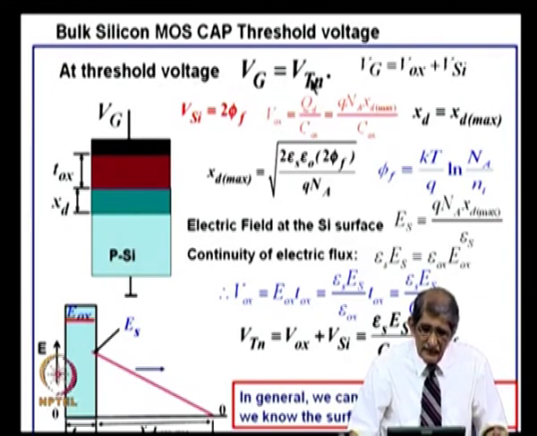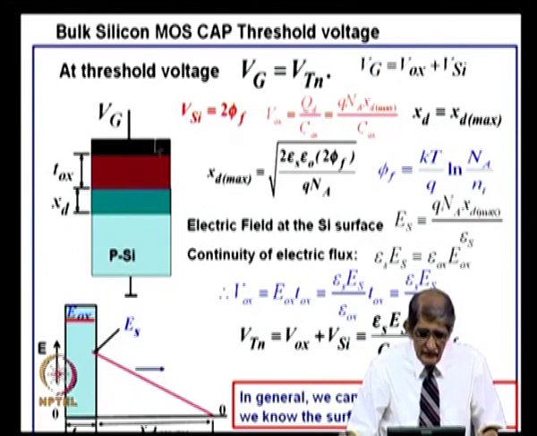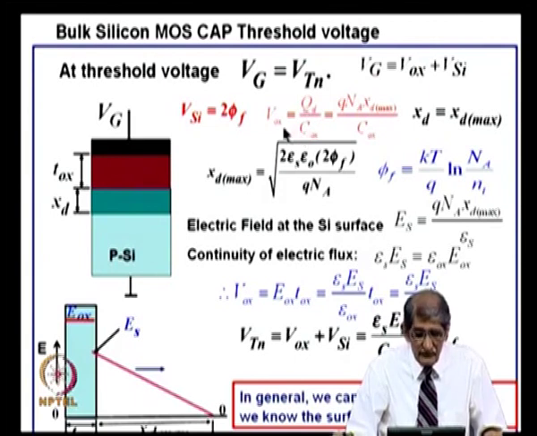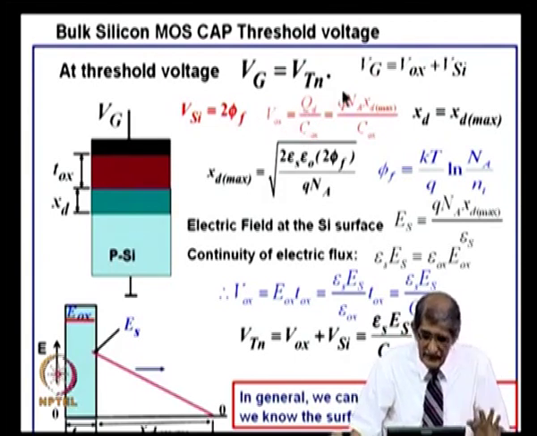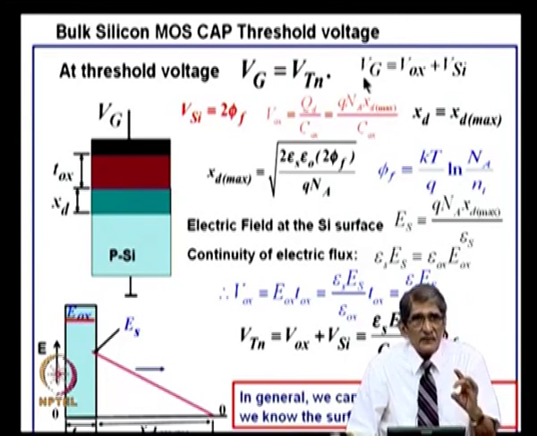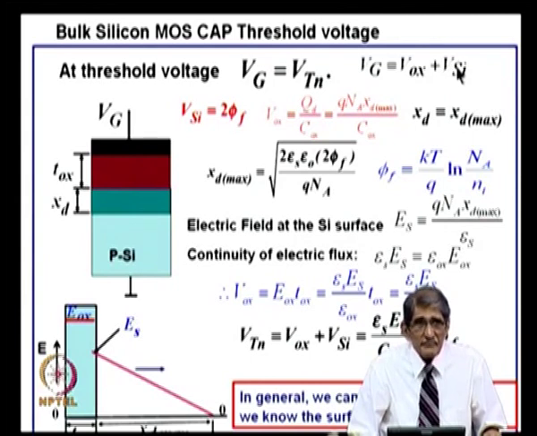At threshold voltage, V g equals V T n, and V g gets shared between the oxide and the silicon, and in silicon it is part of the depletion layer. So, to make it very clear, gate voltage is shared between the oxide and silicon, and at threshold voltage, what is the silicon drop? Twice phi f, that is very clear.